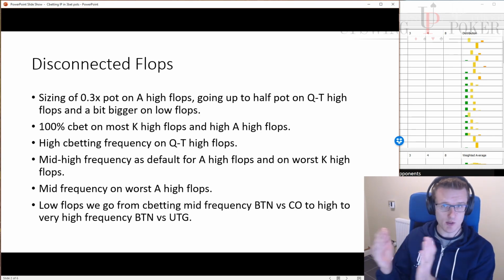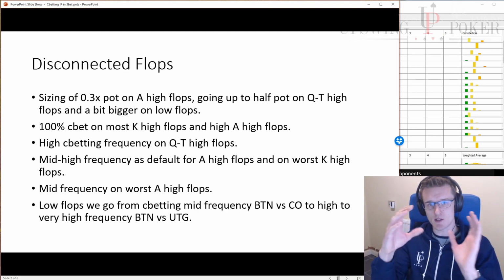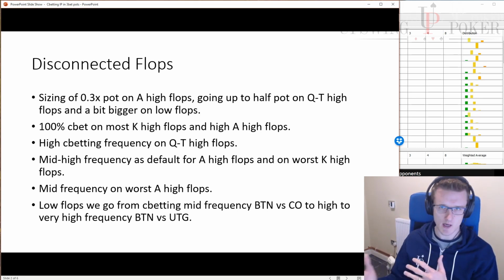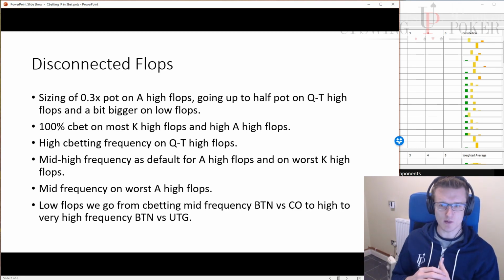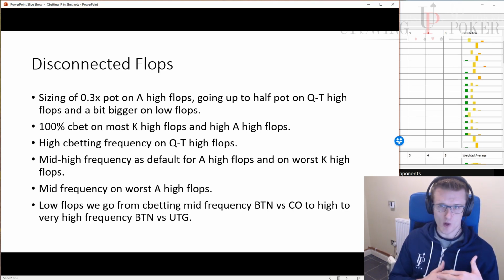So if cutoff's open and we're on the button, we're 3-betting a relatively wide range. We've got some really strong hands, and then also some more middling cards, some mid suited connectors and mid pairs and so on, and ace-10, whatever else. So we're going to hit mid boards pretty reasonably there if villain opens the cutoff, and villain can hit low boards pretty well. So we do the worst on boards with multiple low cards on them, basically.